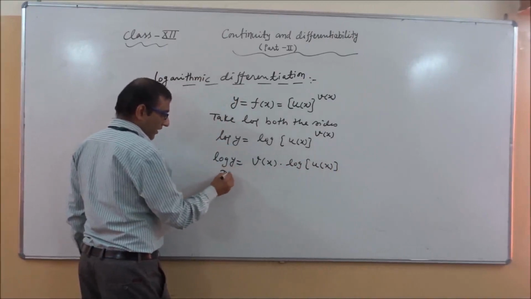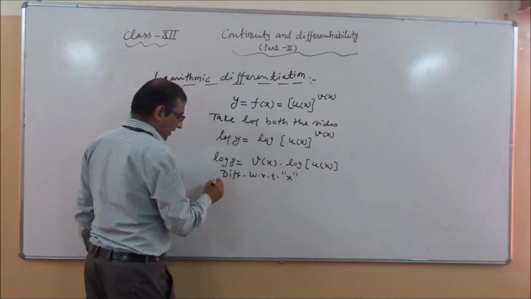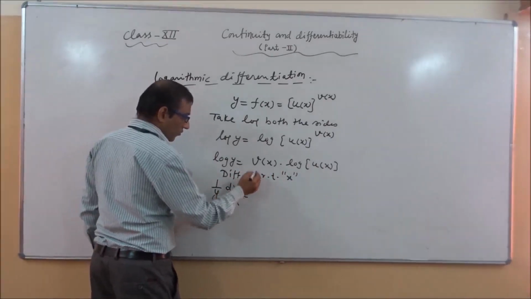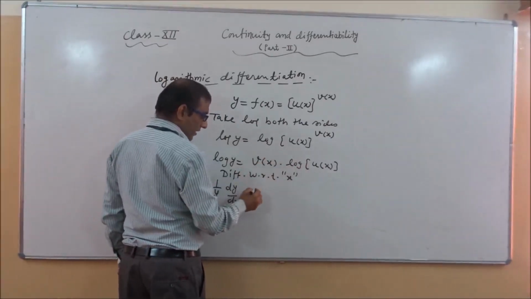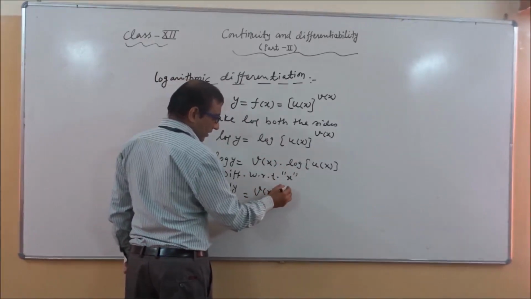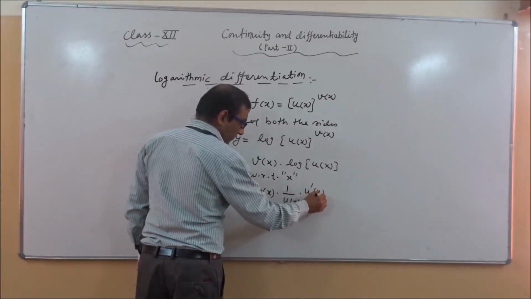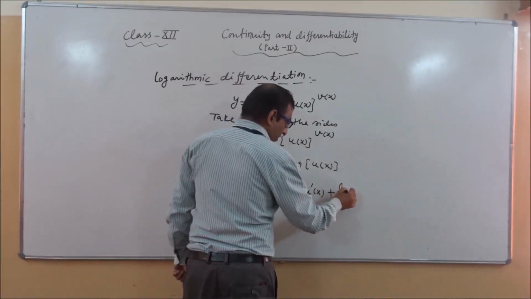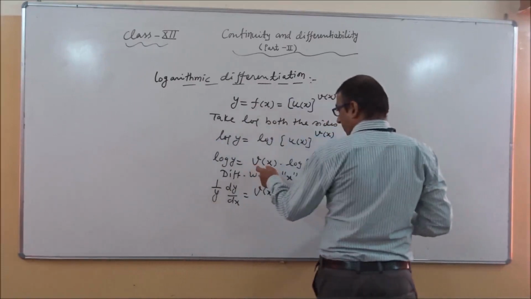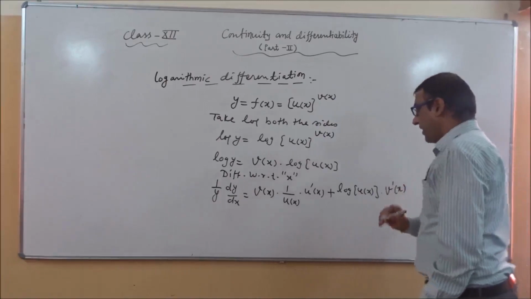So we will differentiate with respect to x, so that it can be written as 1 upon y into dy by dx. This is equal to, we will apply the u into v method here. So v is a function of x. It can be written as, it is 1 upon u x into u dash x, then the logarithm function as it is, and the differentiation of v x can be written as v dash x.